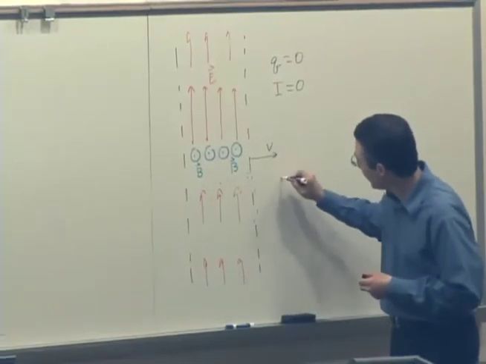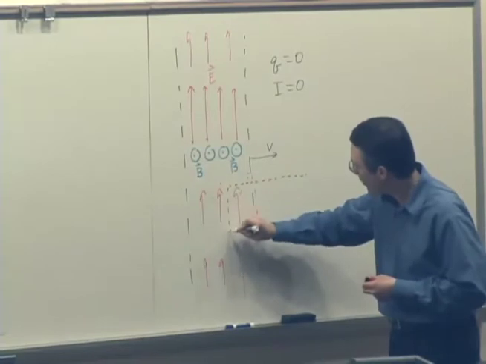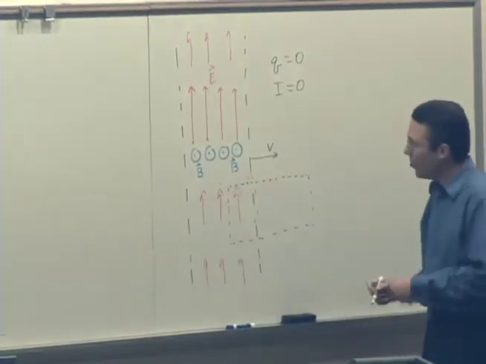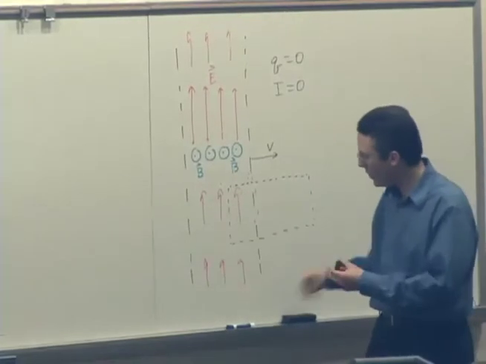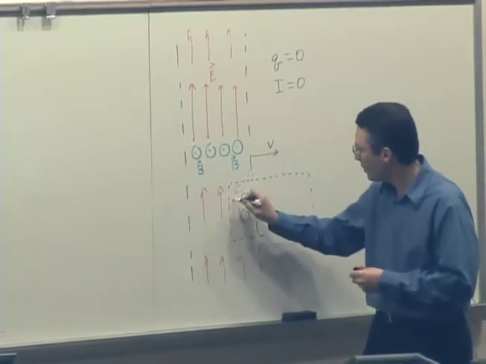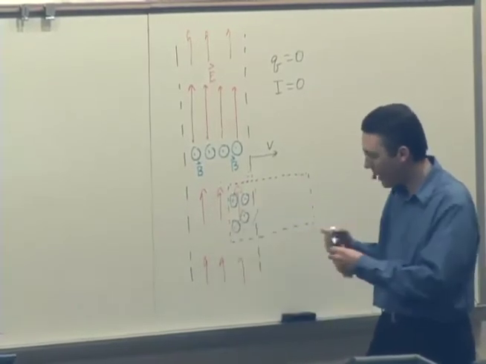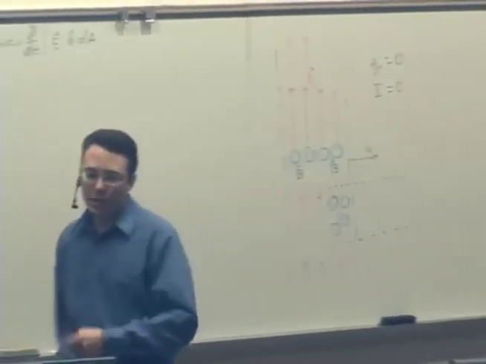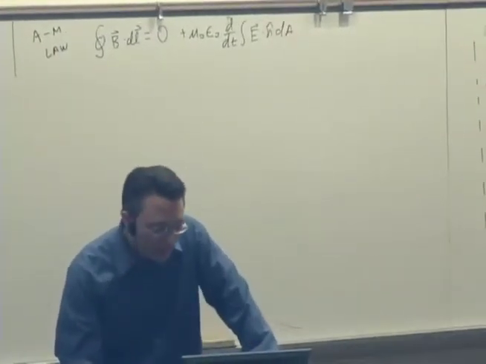So here is the imaginary loop we're going to pick. It sort of juts into the slab. And so we have a region here where there is a magnetic flux, at least in part of that rectangular loop. Okay? So let's look at this in turn.